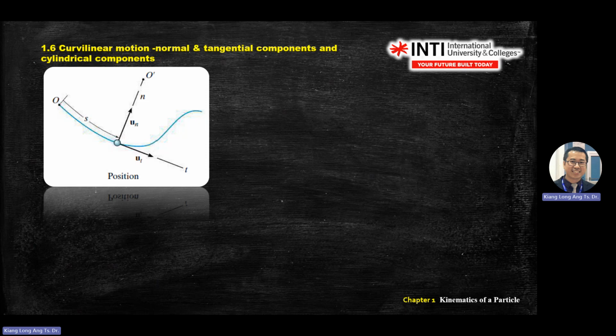UT is a unit vector also, but it's in the T direction, the tangent direction. Okay, so UN is the normal direction. Where's the direction? Pointing to the center of the curve.